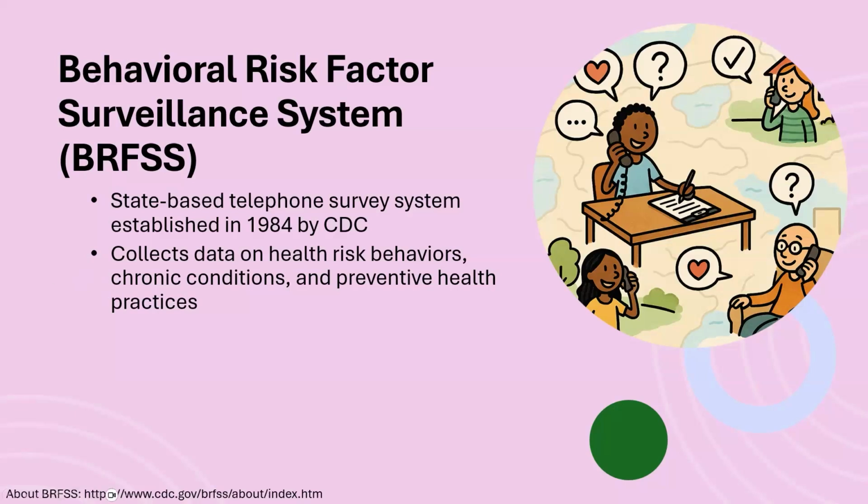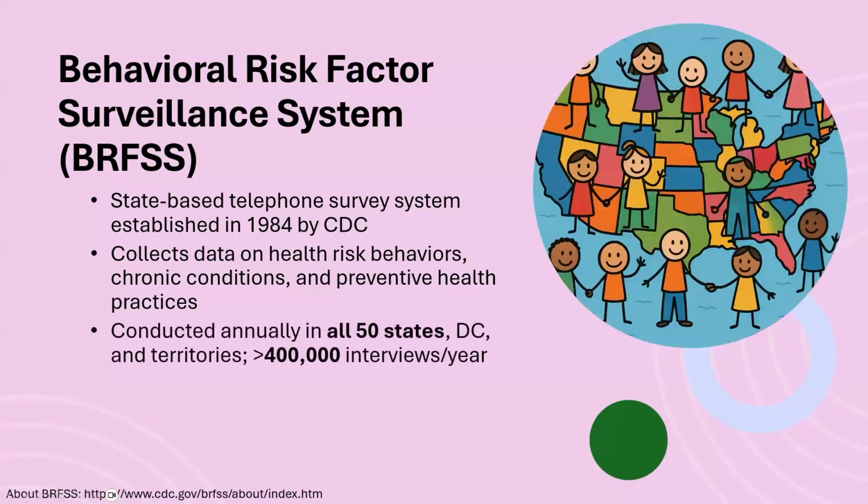So BRFSS consists of core questions on things like health status, so the presence or absence of disease, on health behaviors like smoking and alcohol consumption, and on preventative care practices and more. And in addition, the survey includes each year questions about some emerging topics, like in recent years, experiences with COVID-19, and questions on optional topic areas like diet and nutrition, and more.